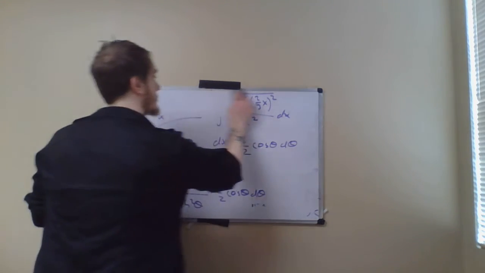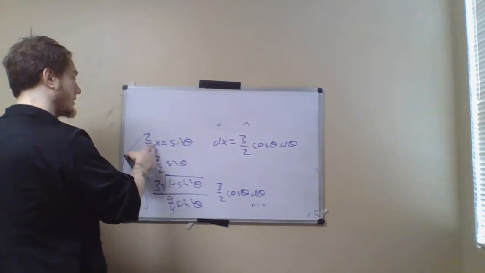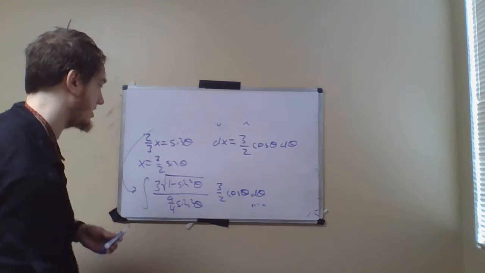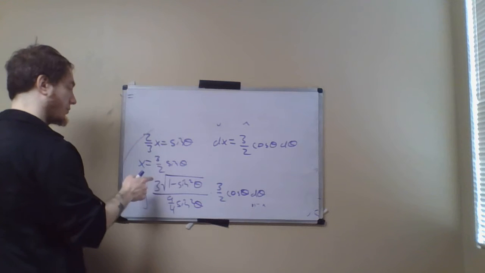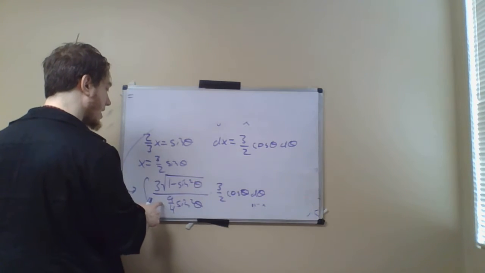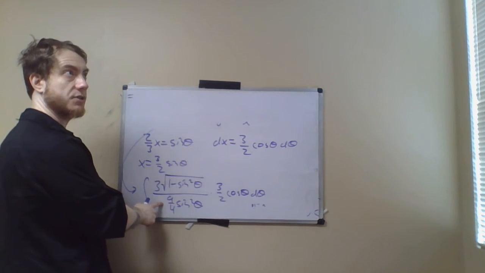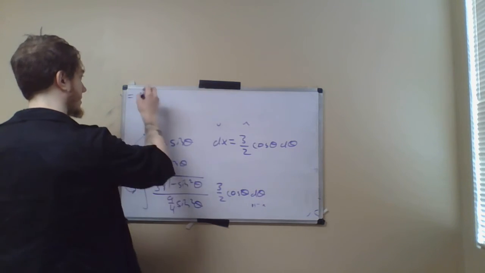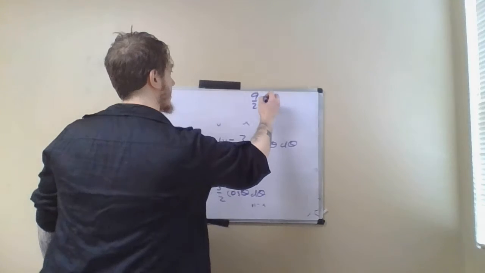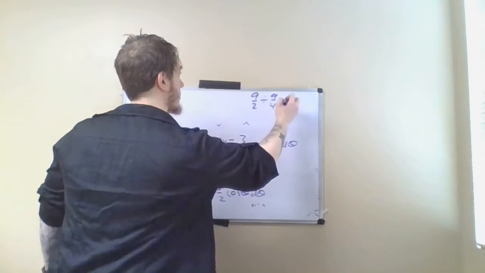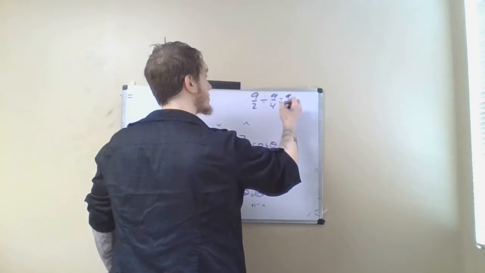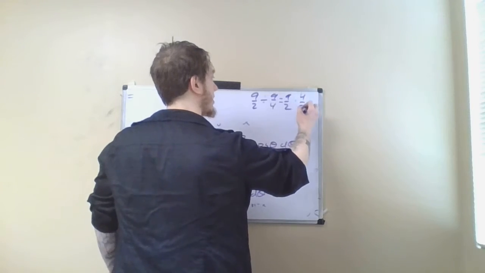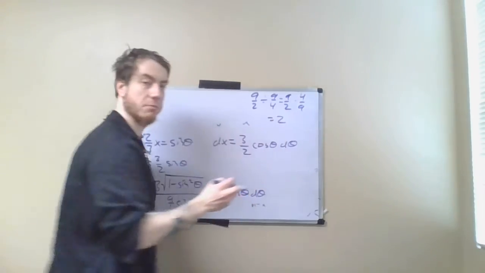I'm going to have to erase the original thing here, but let me leave the substitution that we did. So 3 times 3, that's 9/2. 9/2 divided by 9/4 is going to be, right, so just to remind you how this works, 9/2 times 4 over 9, and this comes out to be 2.